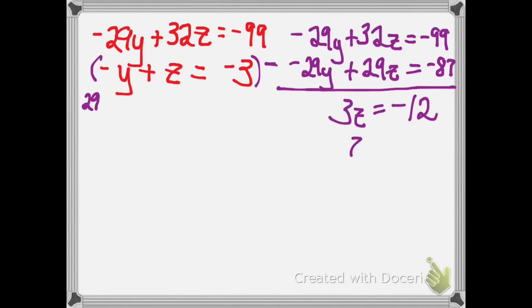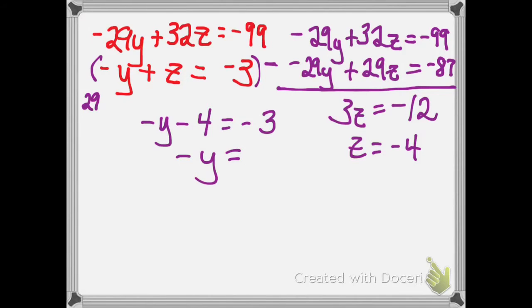So now we know z equals negative 4. So now I'm going to plug that back in. So I have negative y minus 4 equals negative 3. So I know negative y equals 1. So y equals negative 1.